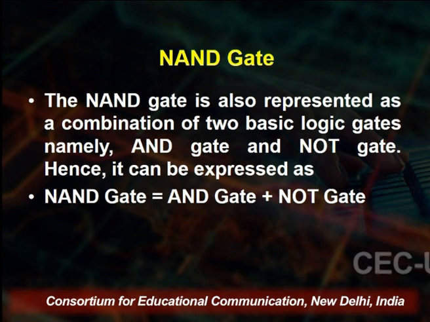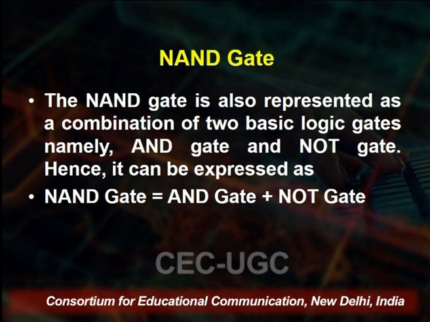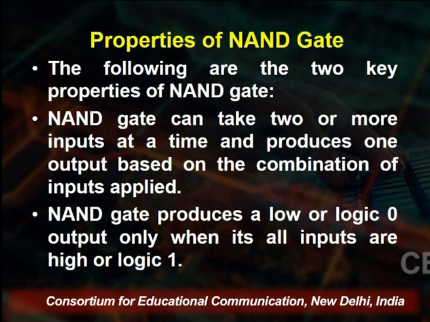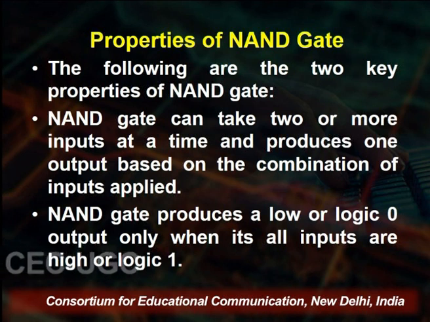The NAND gate is represented by the combination of 2 basic logic gates, AND and NOT. So NAND gate is equal to AND gate plus NOT gate, and it can take 2 or more inputs at a time and produce 1 output based on the combination of the inputs we are applying.